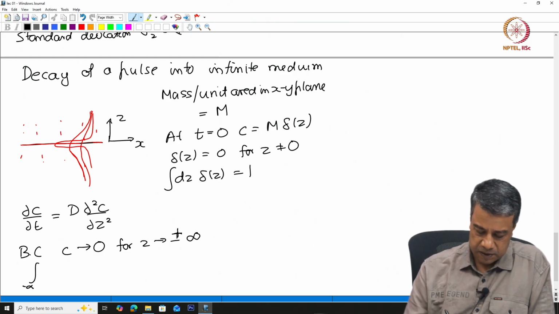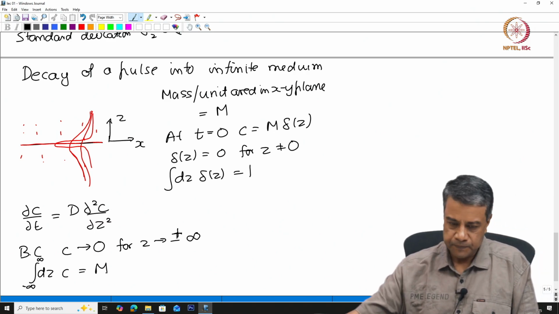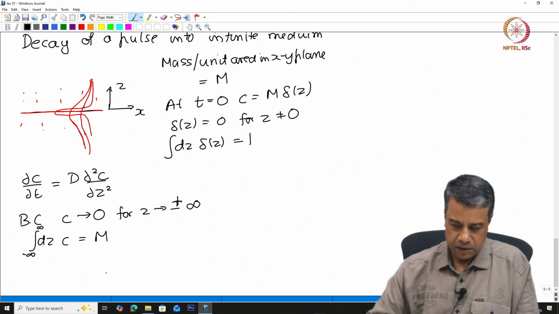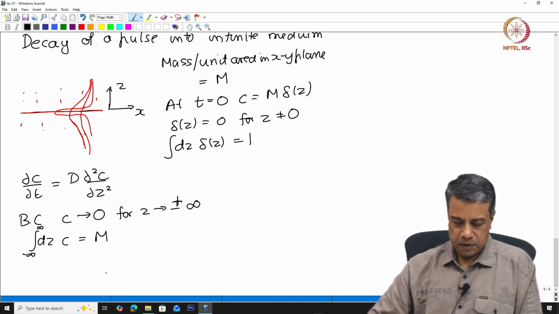Integral minus infinity to infinity dz times c has to be equal to m, for all times. So, how did we solve this?